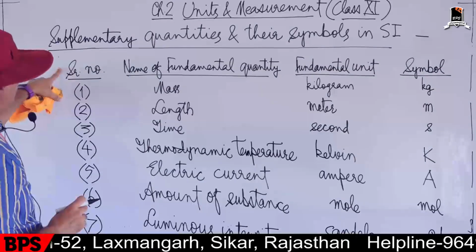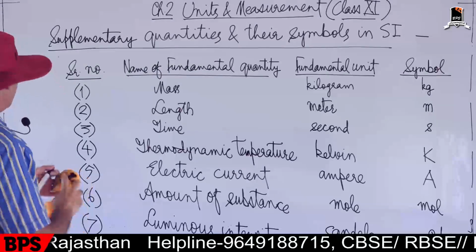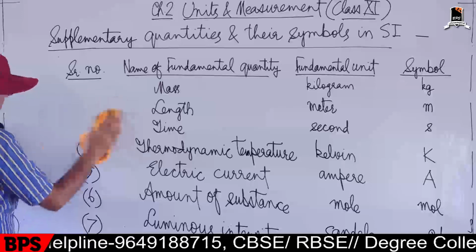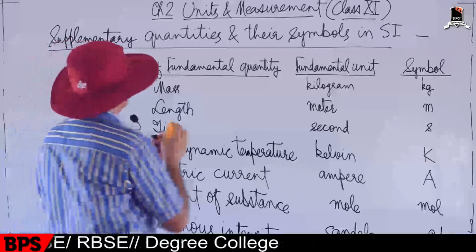First column is as it is, serial number. Second column is for the name of the supplementary quantities.